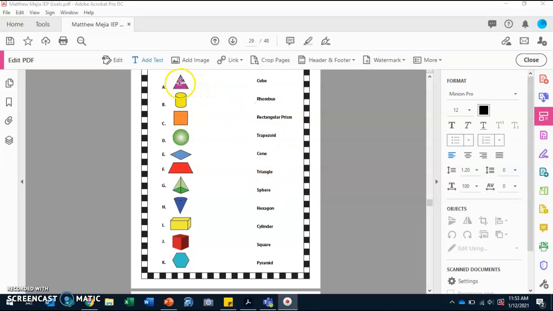So for letter A, I will help you out, and this is a triangle. So letter A is a triangle. And that's what you will be doing for the rest. All you have to do is either make a line to the correct name, or just write it down on the side.